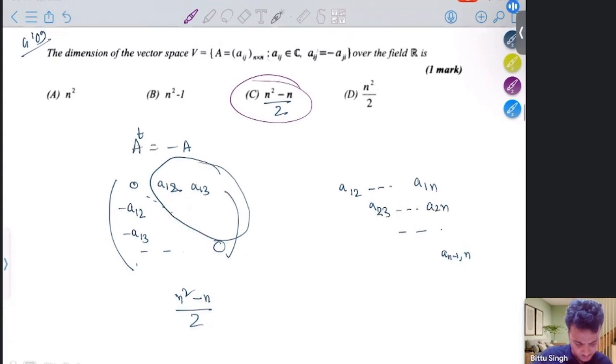Is it a complex vector space? Oh, sorry. No, actually this is fine. We don't need to take 2. Here is the thing. It is given that entries are from C. So for a12 to a13, there are 2 choices.